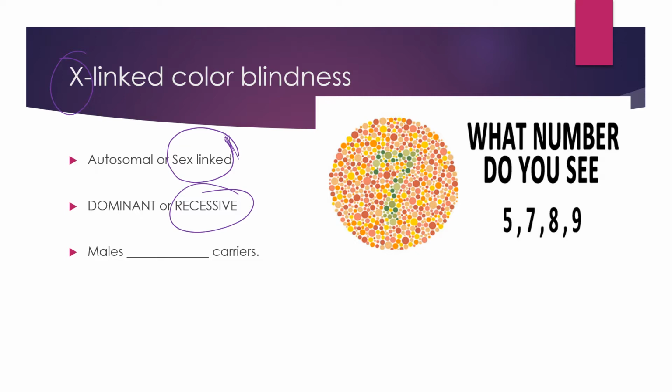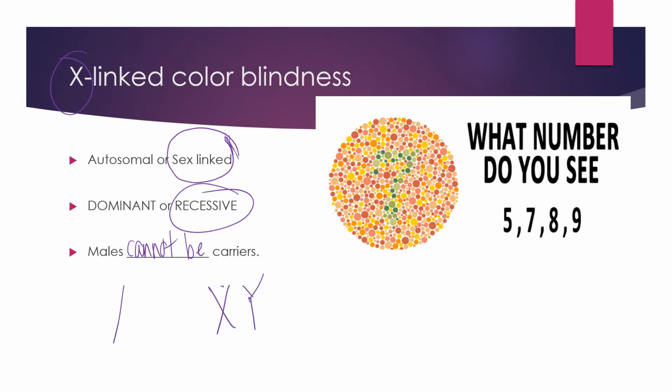What's interesting about X-linked traits is that males cannot be carriers. So they are either going to have it or they don't. They can't carry, and that's because to be a male, you're going to have an X chromosome and a Y chromosome.